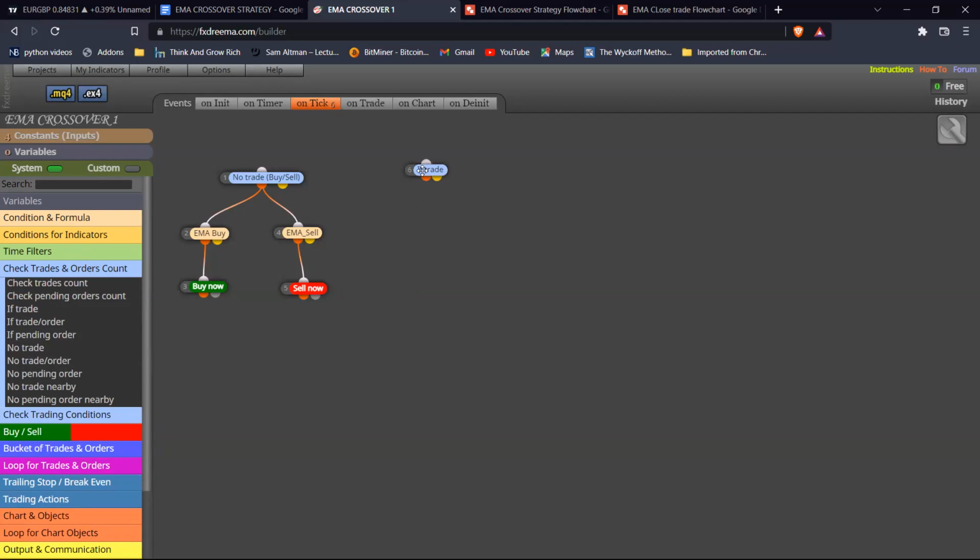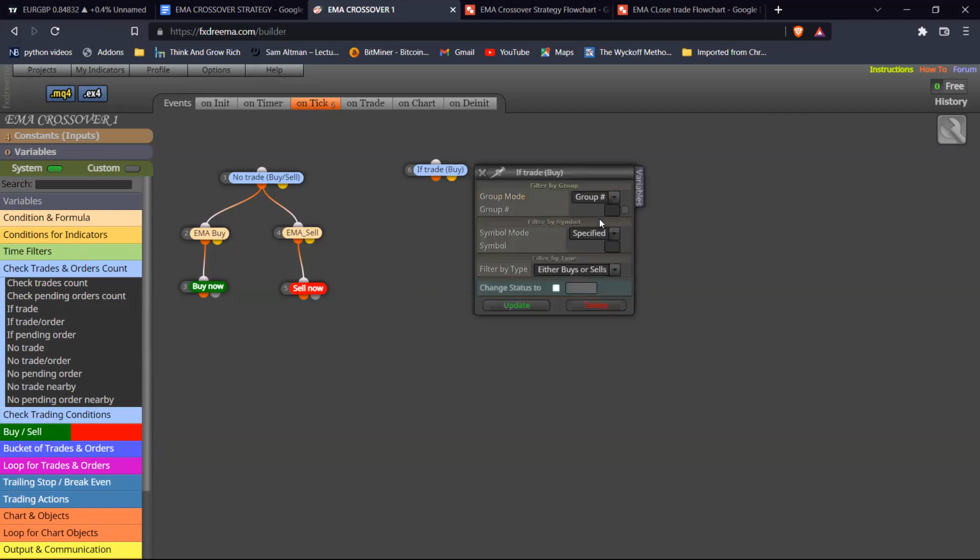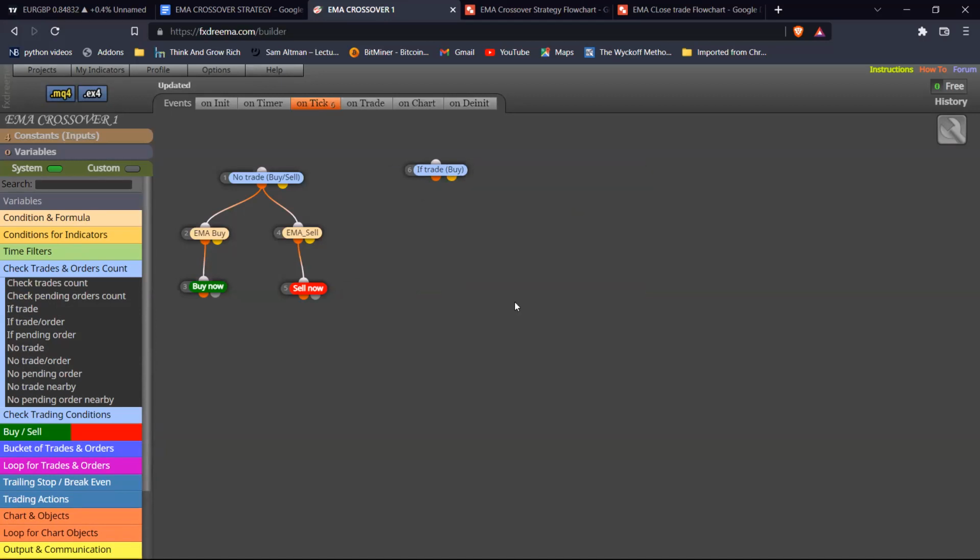I'm going to modify and edit this because this is going to check for only buys. So we're going to check if trade in brackets buys. Double click on it, and under filter by type, remember, I want to check for just the buys. So we change this to buy, and we click on update.